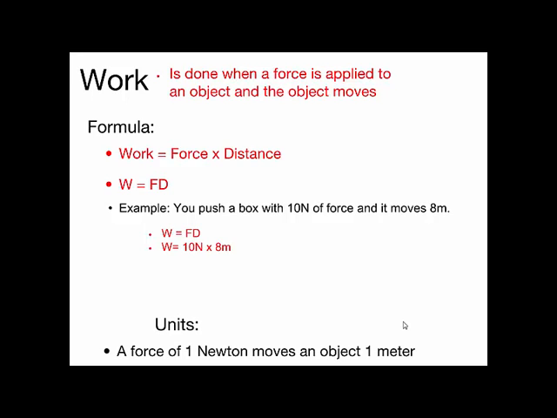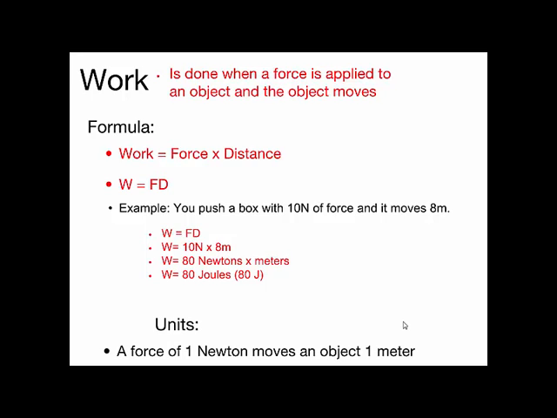Newtons times meters. But we also have an abbreviated unit that we sometimes use. That unit is the joule, abbreviated with a J. We've done 80 joules of work, named after an English physicist.